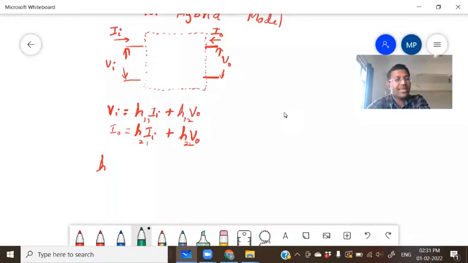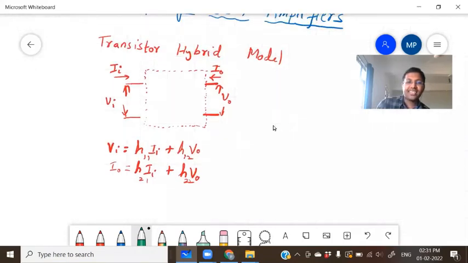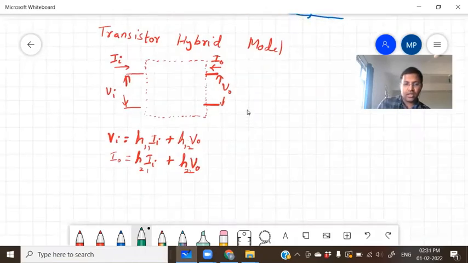Next, let us try to define what these 4 parameters are. Now you have 4 parameters: H11, H12, H21, H22. These are called hybrid parameters because they do not all have the same unit, which we will see shortly.